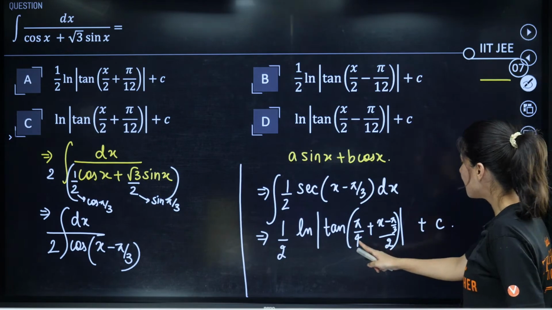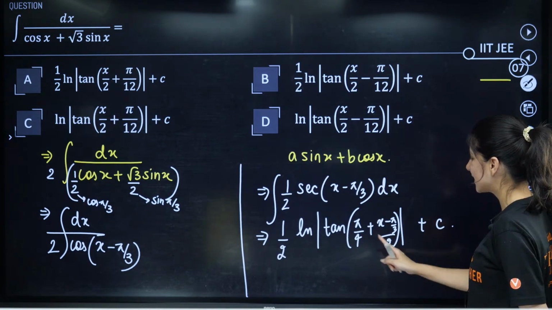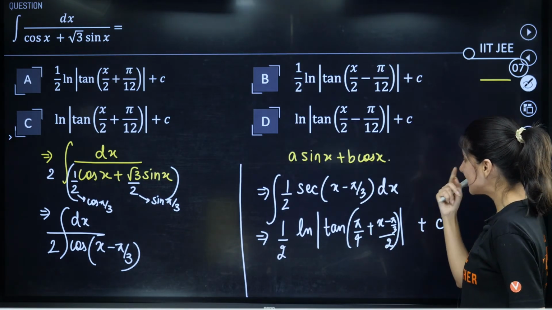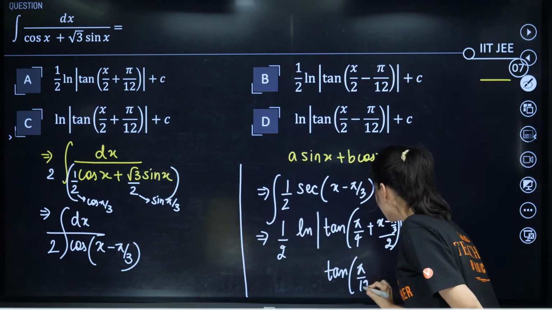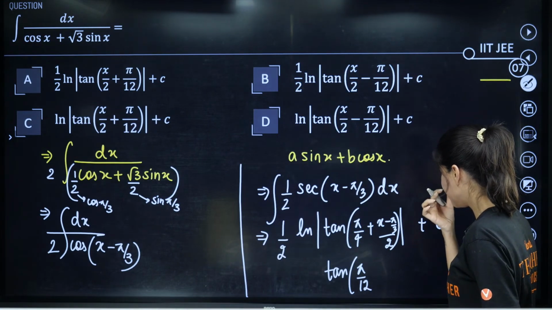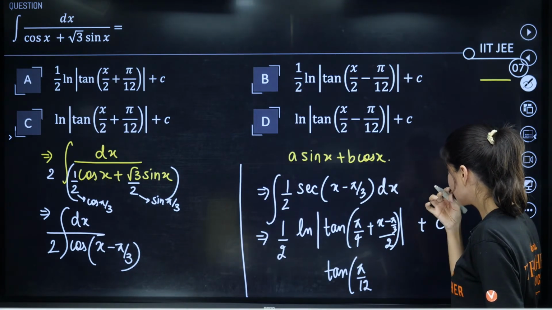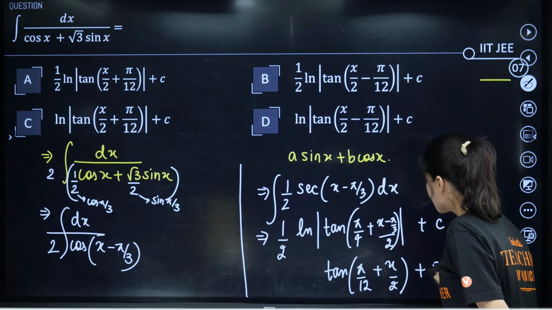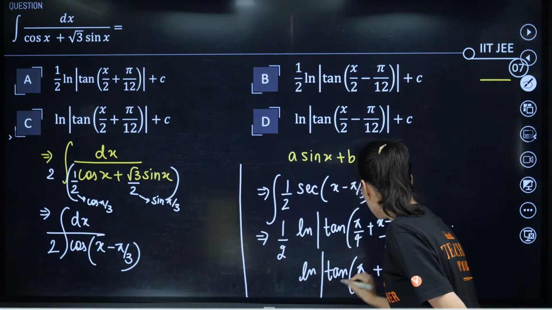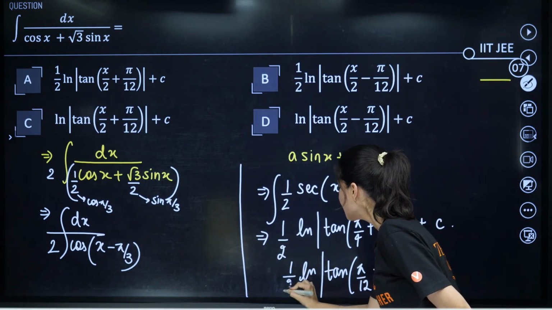So this is going to be pi by 4 minus pi by 6. Pi by 4 minus pi by 6 is pi by 12. So tan of pi by 12 plus x by 2, plus constant. The log is already there, the mod is already there, 1 by 2 is also there.